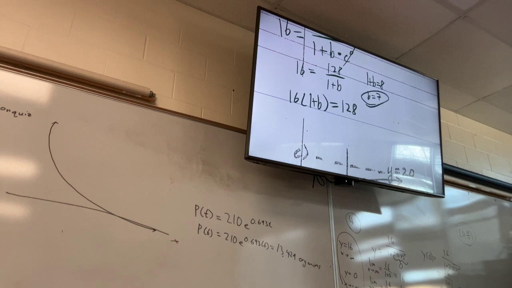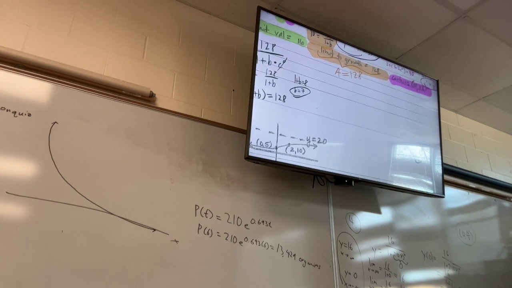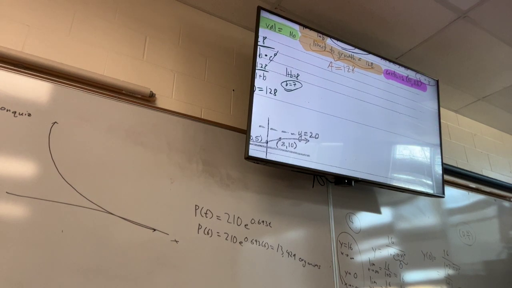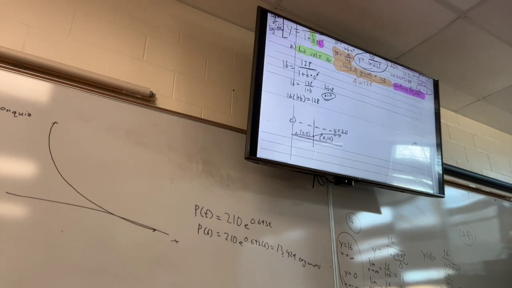Okay. Just a little bit of algebra, a little bit of solving for b. So we have b, we have a. We need to just find what now? We just need c. How do we do that? Yeah, we use that point contains 5 comma 32. So we know 32 will be equal to 128 over 1 plus 7 times c to the 5.